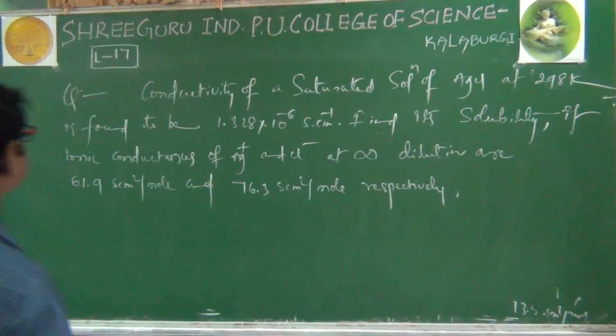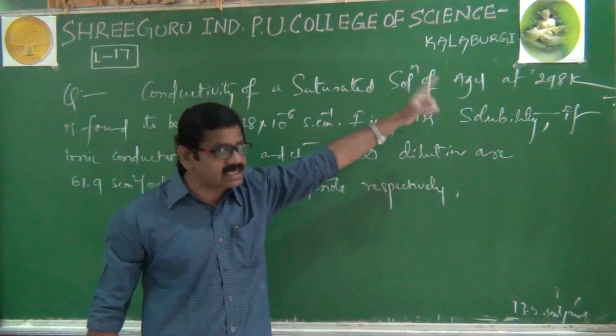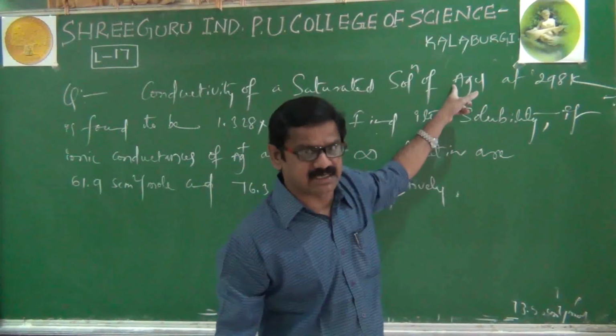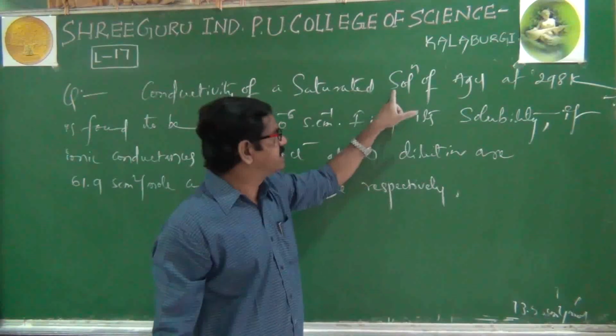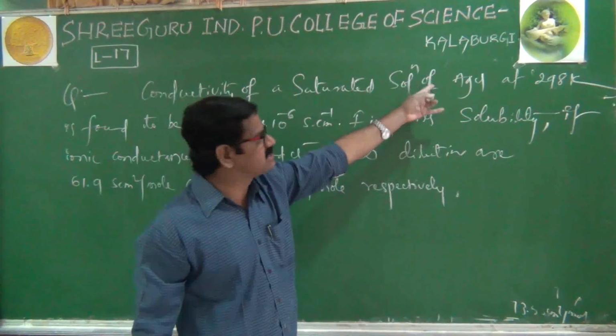Just we'll see then. Conductivity of saturated solution of AgCl. See here, AgCl is a sparingly soluble salt, and it's a saturated solution. Saturated solution reached, nothing but its limiting molar conductivity is reached, right?